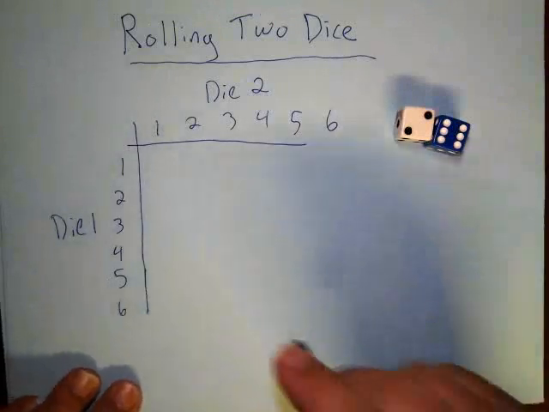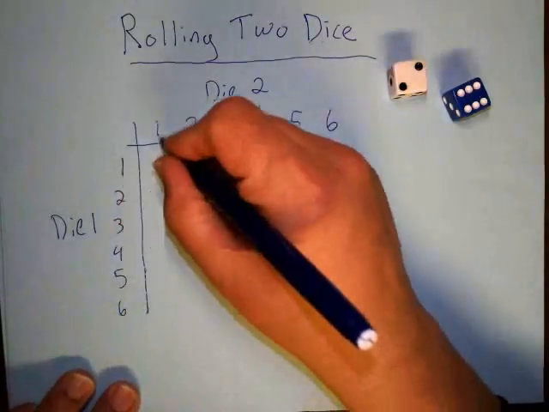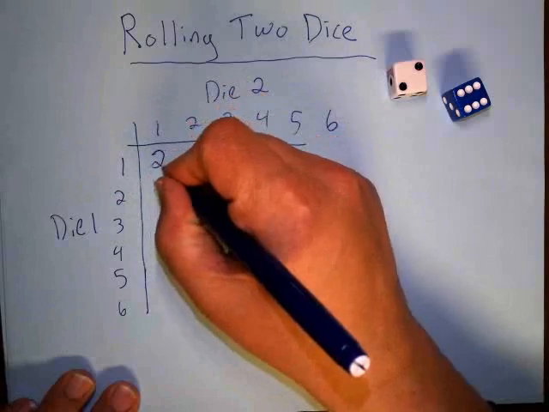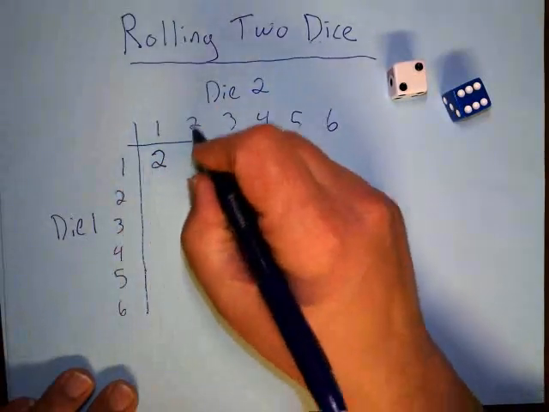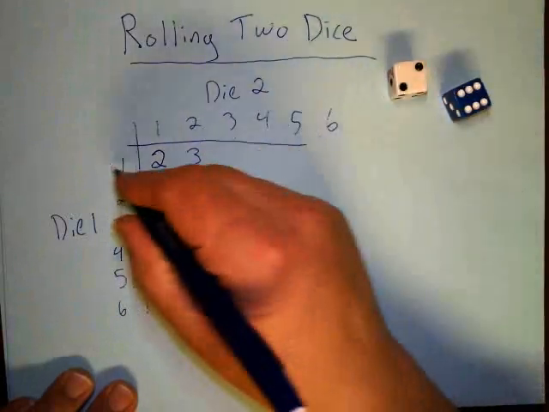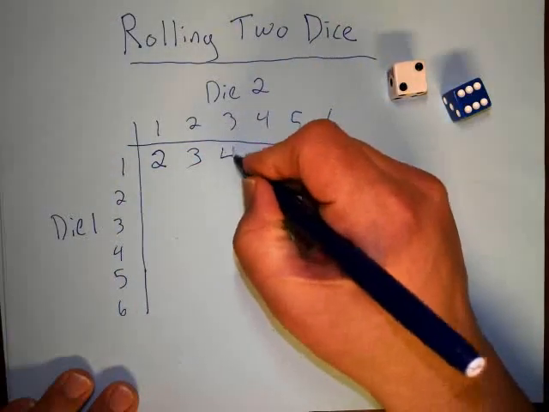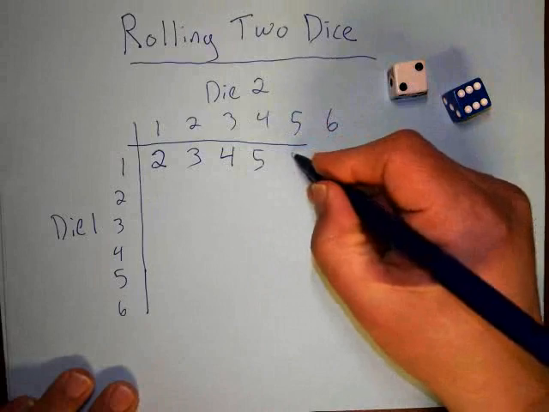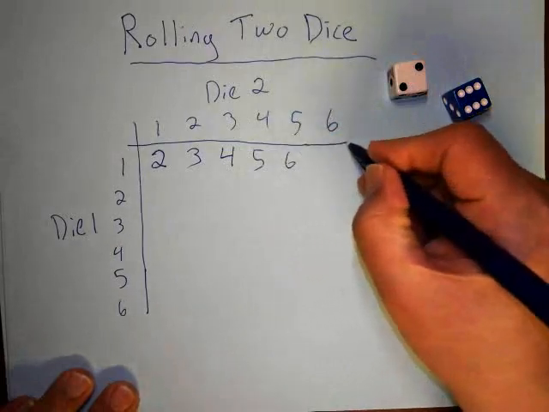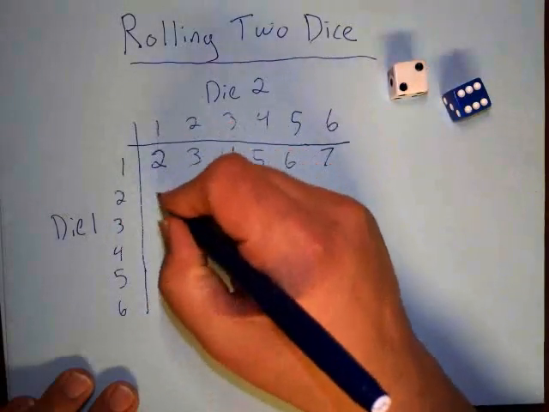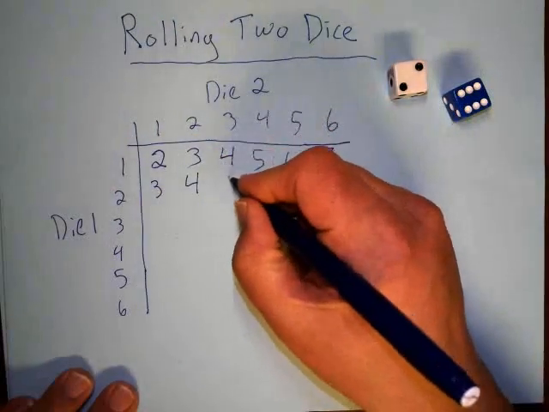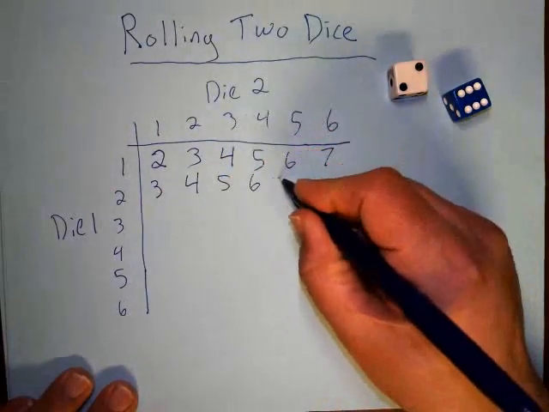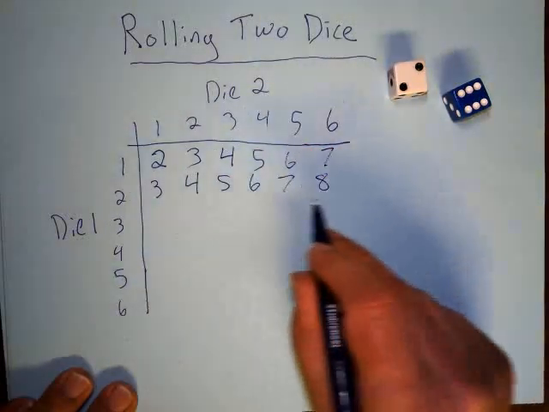And so I can just fill out my table. I could roll a 1 and a 1, and that would be getting a 2. That's actually snake eyes right there. Then a 1 and a 2 would be 3, 1 and a 3 would be 4, 1 and 4 would be 5. This would be 6, and this would be 7. 2 and 1 would be 3, 2 and 2 would be 4, 2 and 3 would be 5. You can see that these are just increasing by 1 as I go down.